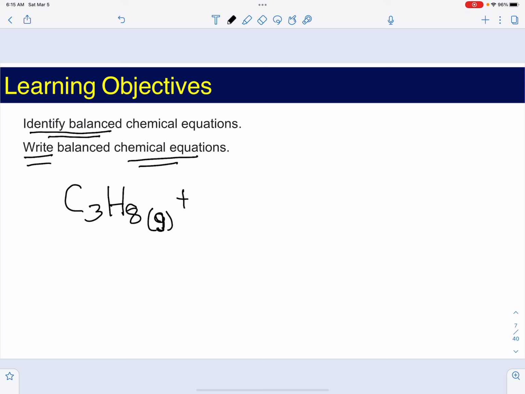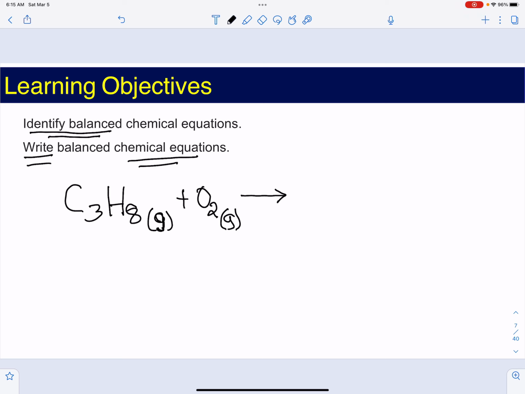And we're combining this with oxygen, which you already know is a diatomic. So every time oxygen is by itself, it's a diatomic molecule. And it's going to be a gas, and that's basically the oxygen that we have in the air. And when you do that, you're basically burning propane. It's an oxidation reaction, it's a combustion reaction.